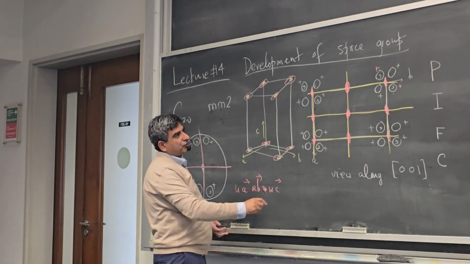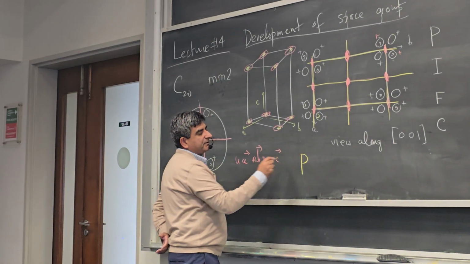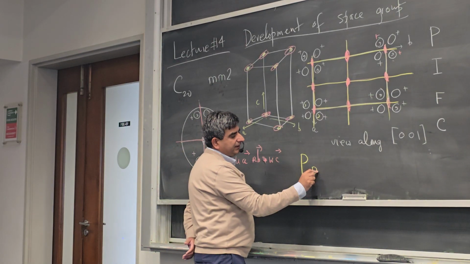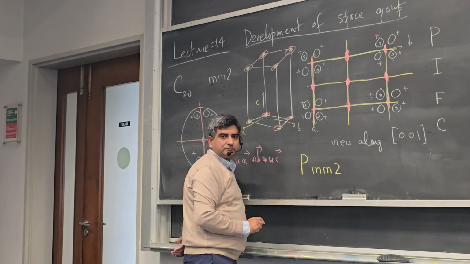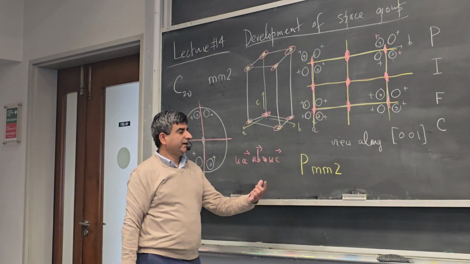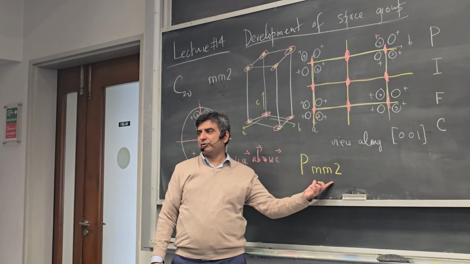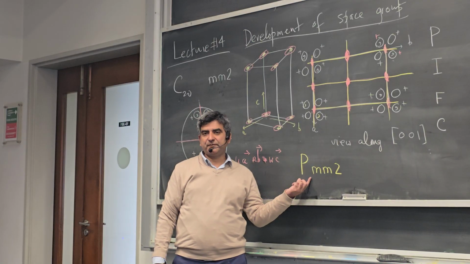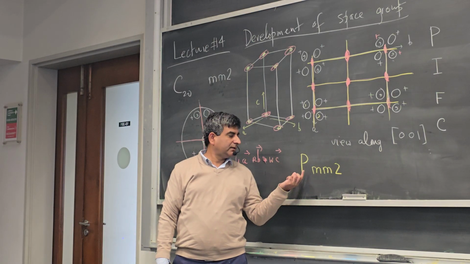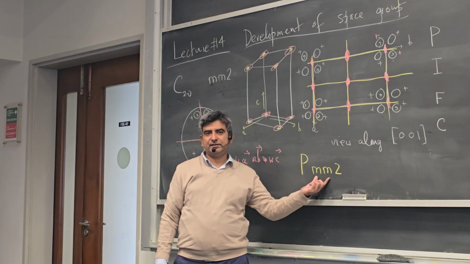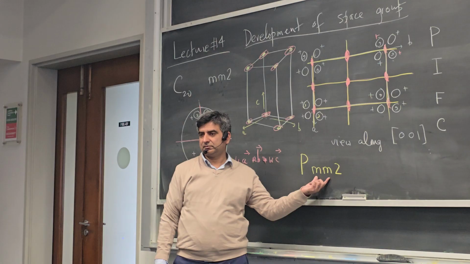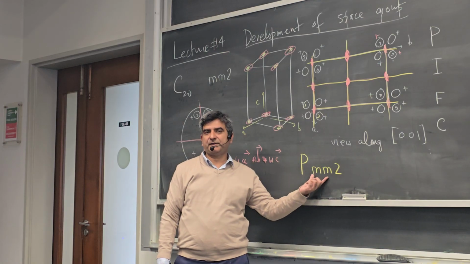The international symbol for the space group is Pmm2, which in this particular case represents the mm2 point group combined with a primitive lattice. mm2 already tells us that this is orthorhombic. So this is an orthorhombic space group.